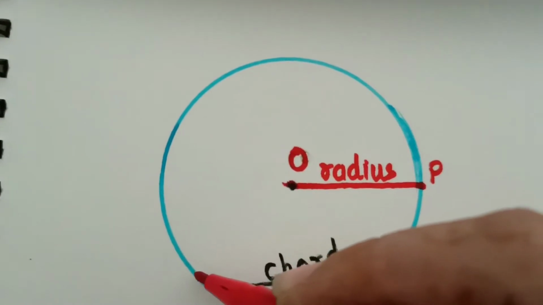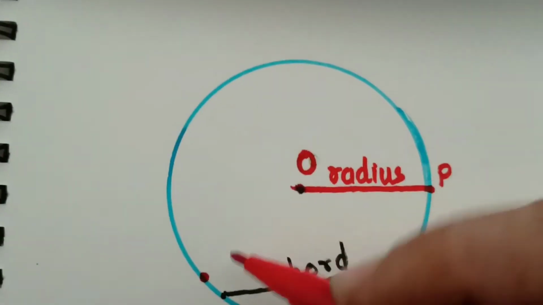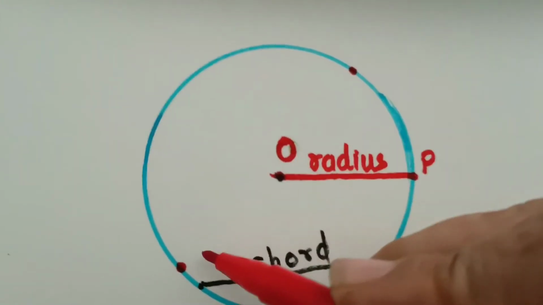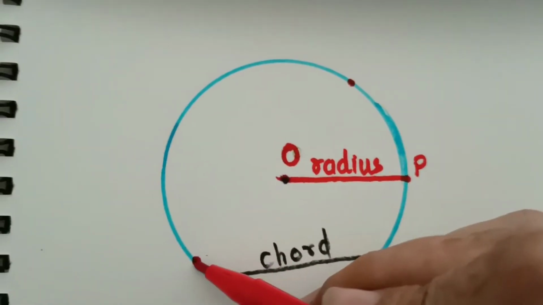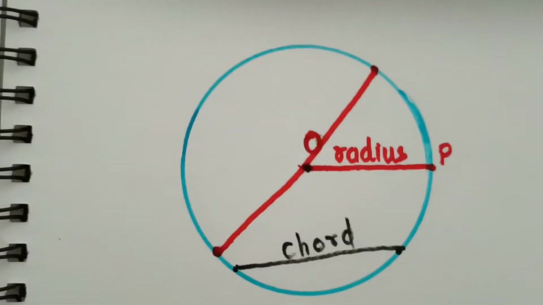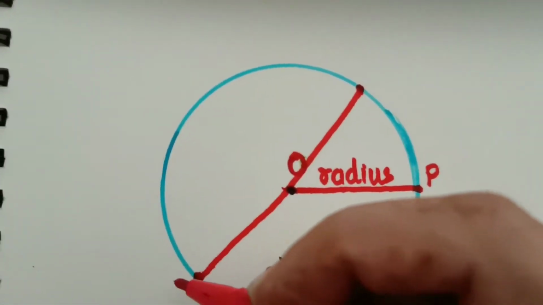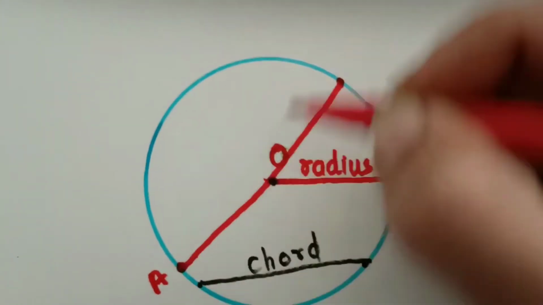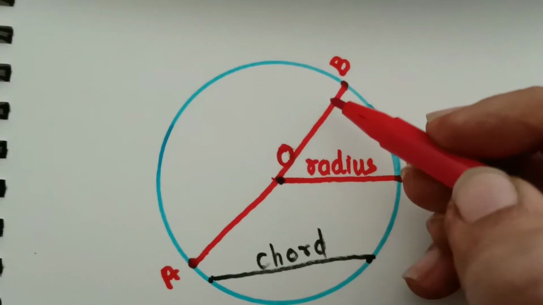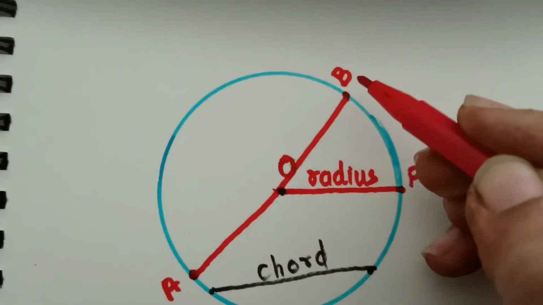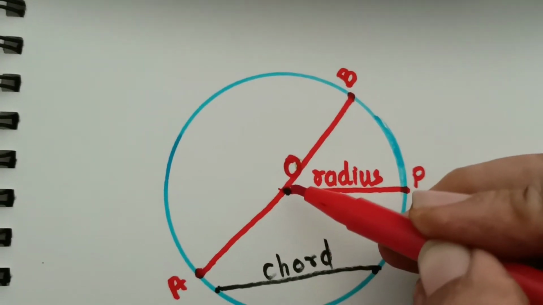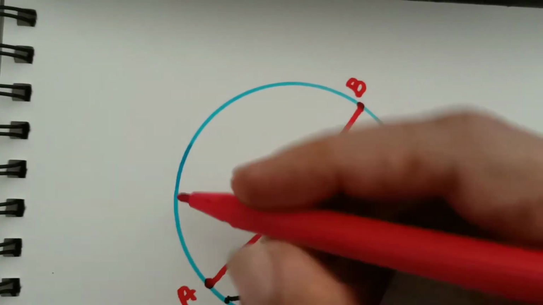Again I'll take 2 points, say these 2 points over here, and name them A and B. When we join points A and B and the segment passes through the center of the circle, it is known as the diameter.